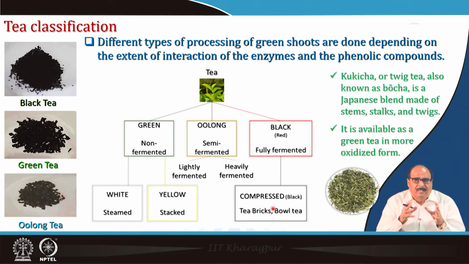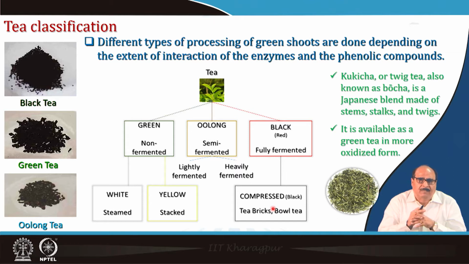The classification of tea, as you can see here, depends upon the type of processing of green shoots, that is, the extent of interaction of the enzymes and the phenolic compounds. Different types of teas are available like black tea, green tea, oolong tea. Green tea is basically non-fermented tea, oolong tea is semi-fermented, and black tea is fully fermented.